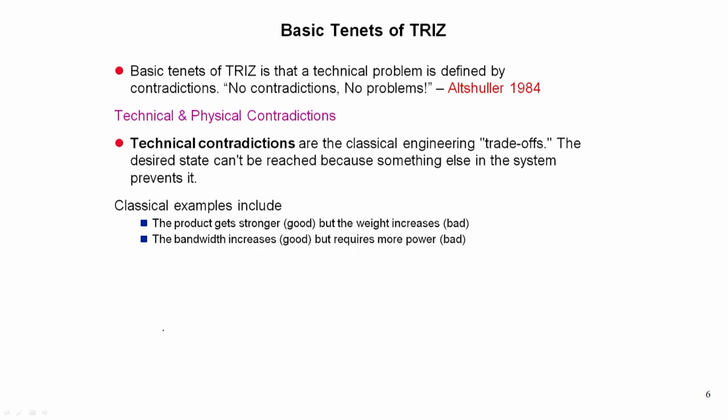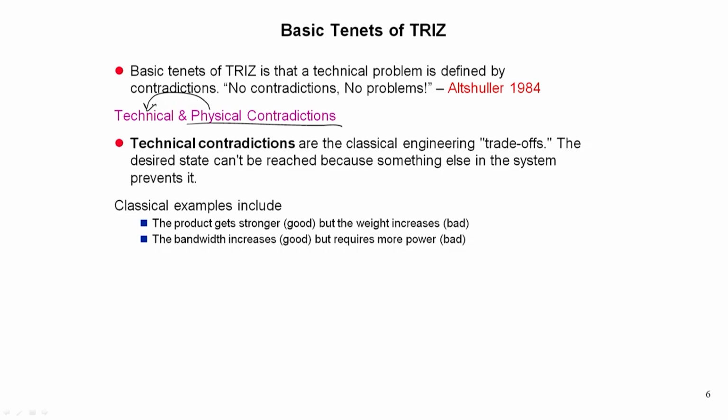Well, in the language of Altshuler, no contradiction, no problem, which means the basic tenet of TRIZ is that it is defined by contradictions. Any new design must have some contradictions in it. Now, these contradictions will be initially physical contradictions, and our challenge will be to translate all the physical contradictions to technical contradictions.